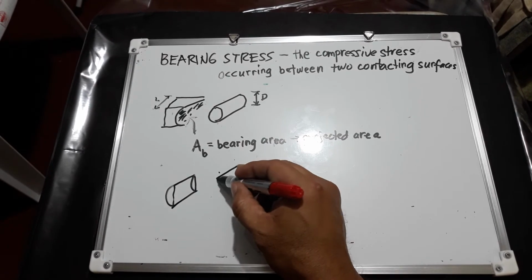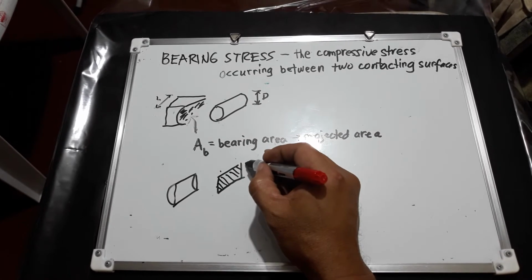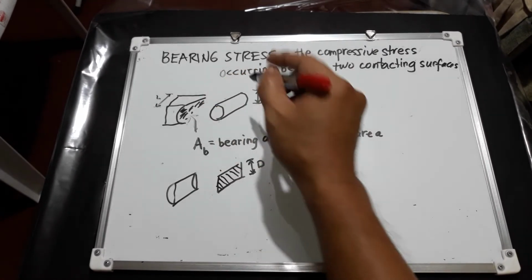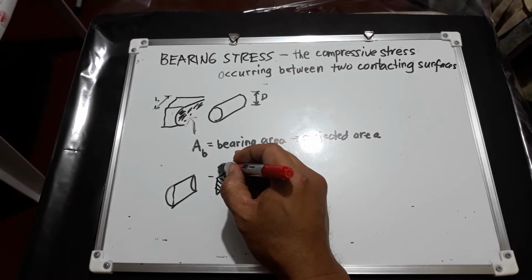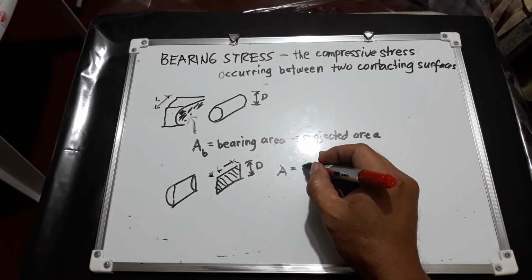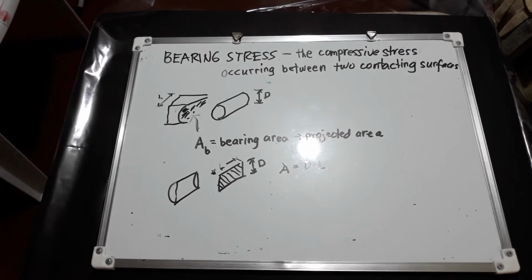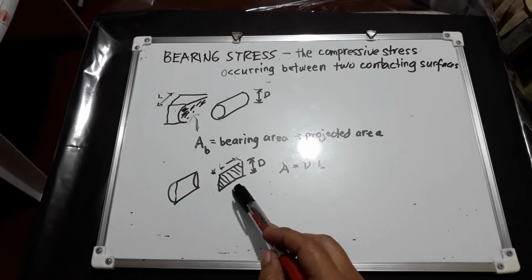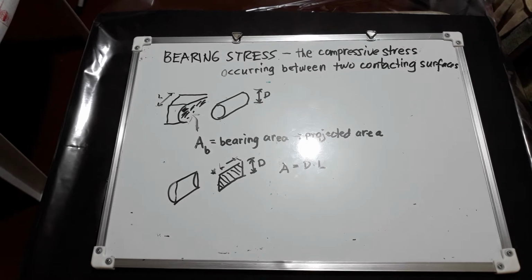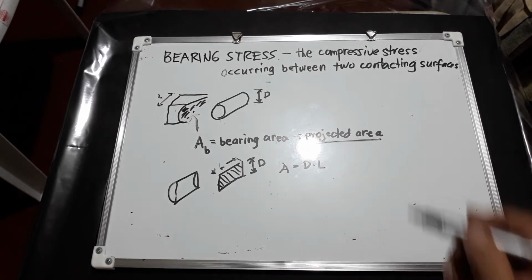So it is actually a rectangle having this one as D, the diameter of the tube, and this one is L. So the area is now equal to D times L, the diameter times the length there. So we don't deal anymore with a curved surface, but it is the projected area of the surface.